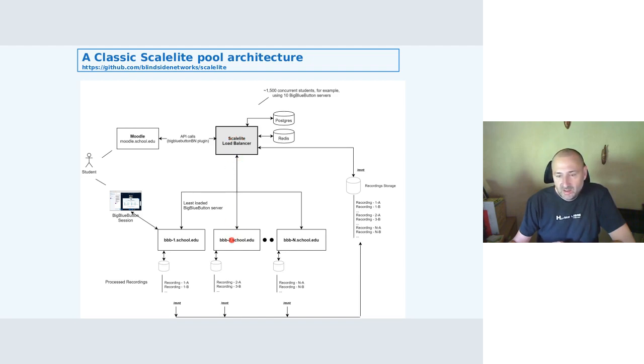Scalelight redirects the request to the least loaded BigBlueButton server at that moment, and afterwards the conference participants will be redirected automatically to the same server when they join.